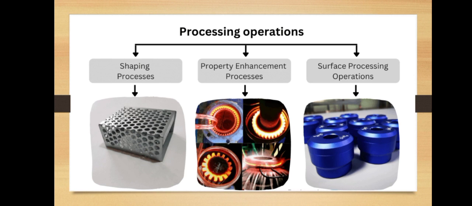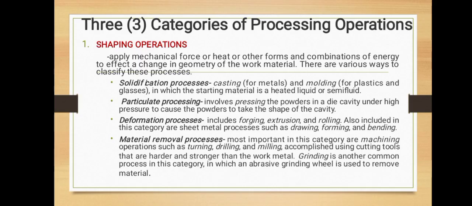First, we have shaping processes, property enhancement processes, and surface processing operations. Shaping process operations apply mechanical force or heat or other forms or combinations of energy to effect a change in the geometry of the work material. There are various ways to classify these processes.